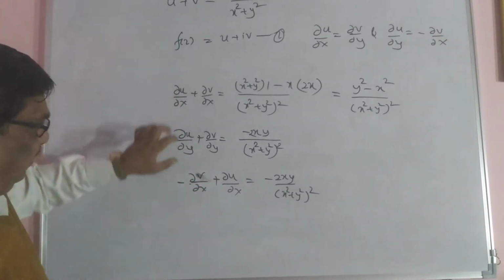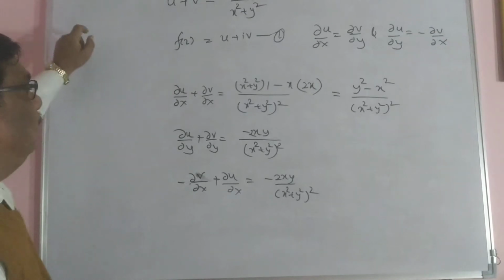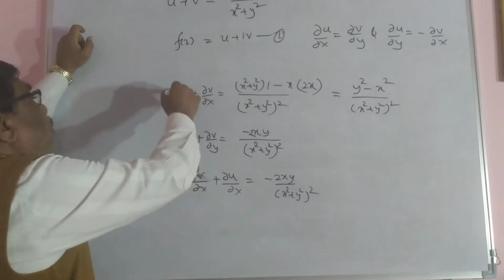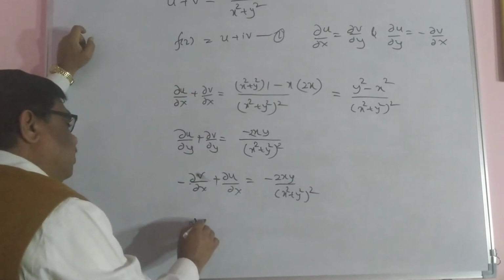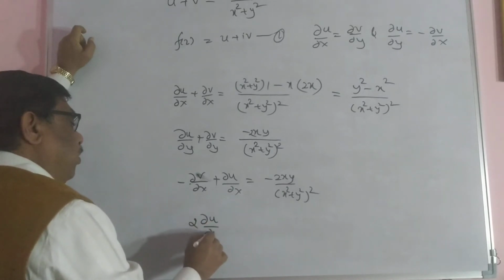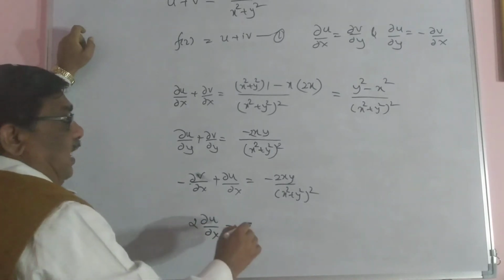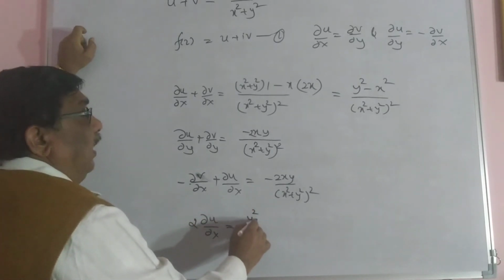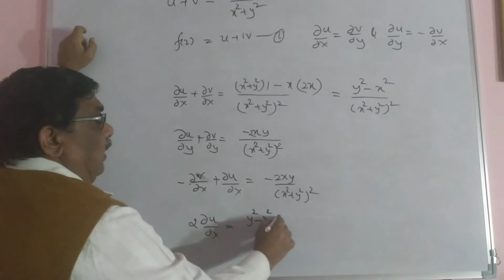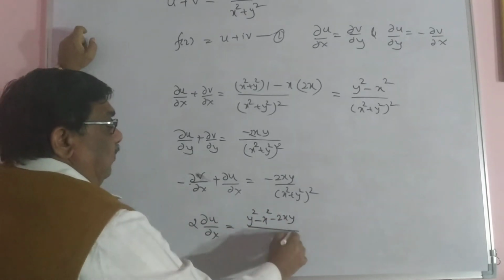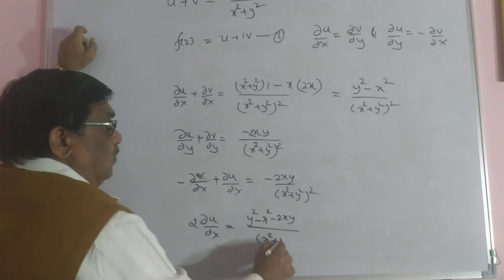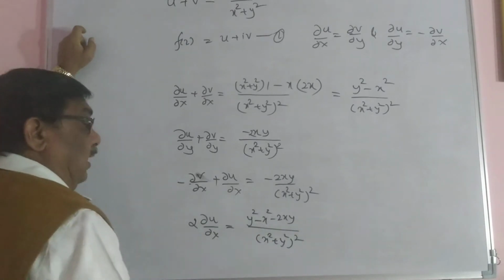So using this equation and this equation, adding them, 2 times ∂u/∂x is equal to, just adding this, y² minus x² minus 2xy divided by (x² + y²) whole square.